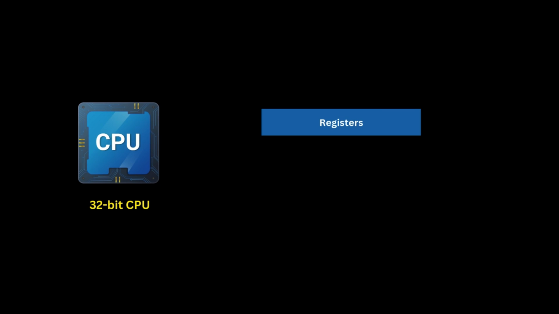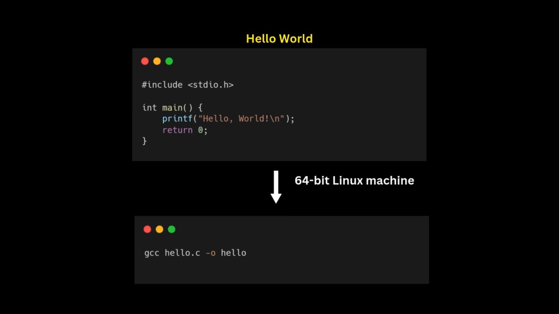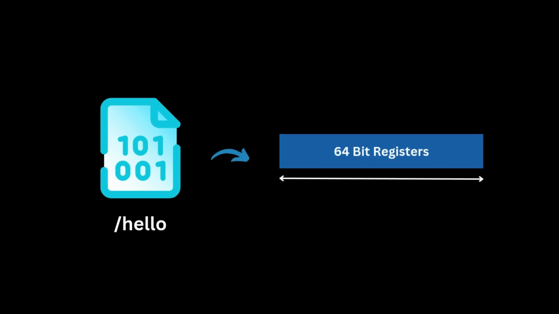In contrast, a 32-bit CPU has registers that are 32 bits wide, meaning it handles data in 32-bit chunks. For example, if you write a simple Hello World program in C and compile it on a 64-bit Linux machine using the default GCC compiler, the resulting binary will be built to use 64-bit registers by default.